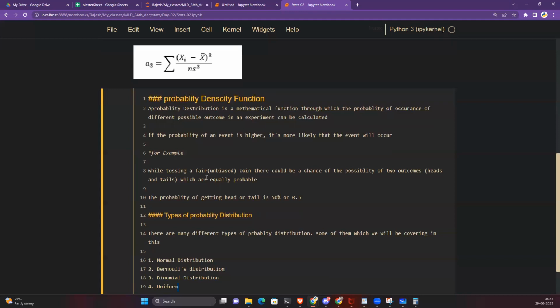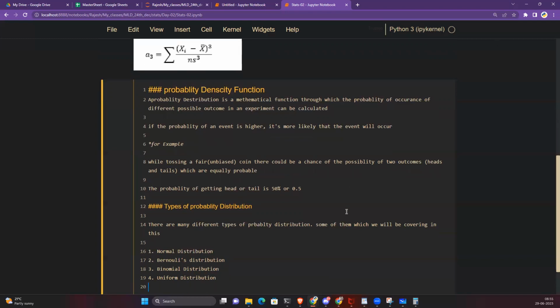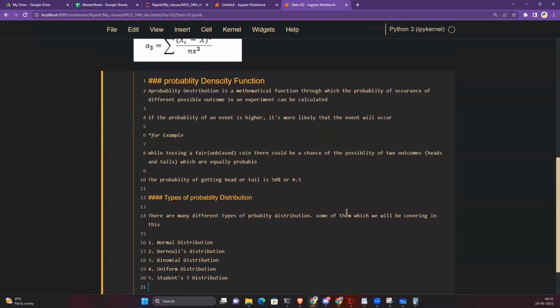So we will learn these, and there is one more. Number five, Student's t-distribution.